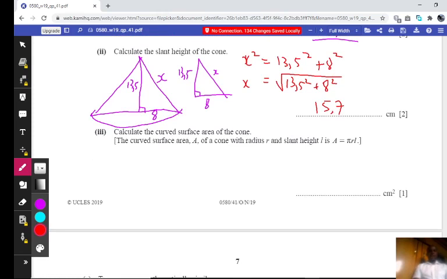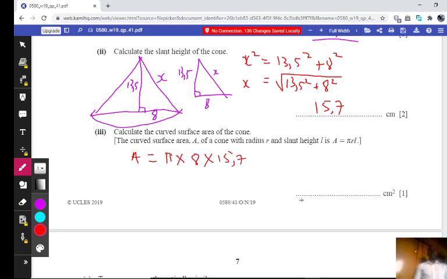Then next, calculate the curved surface area of the cone. We are given the formula, area is equal to pi RL. So for the curved surface area, area is equal to pi times the radius of the cone, which was 8. Then L is the slant height, which is 15.7.